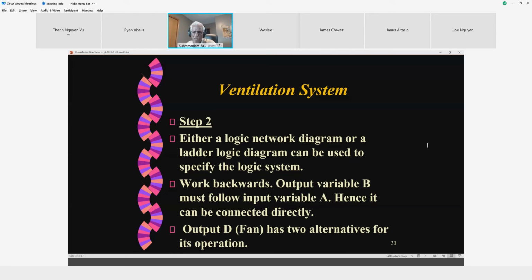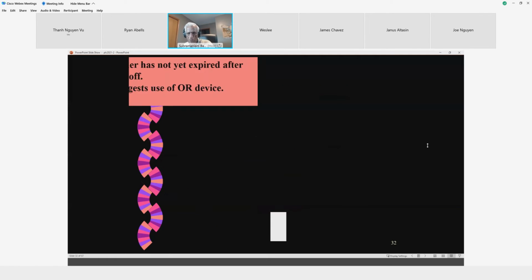One, coming instantaneously, moving with A, or when the timer has expired. Until that time, keep the output D. So whenever you see two alternatives, you know there is an OR operation involved or OR logic.